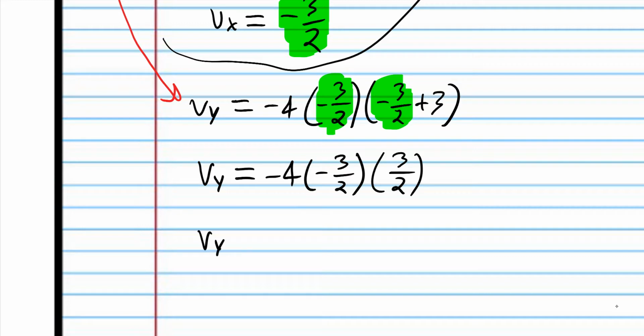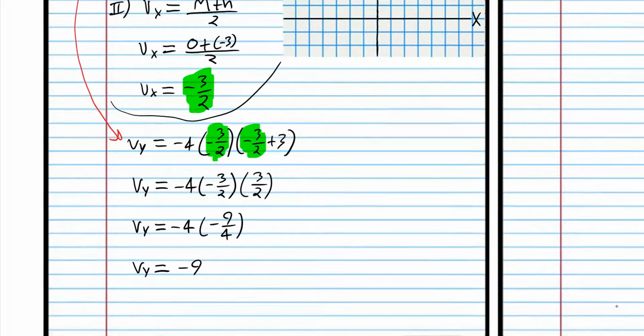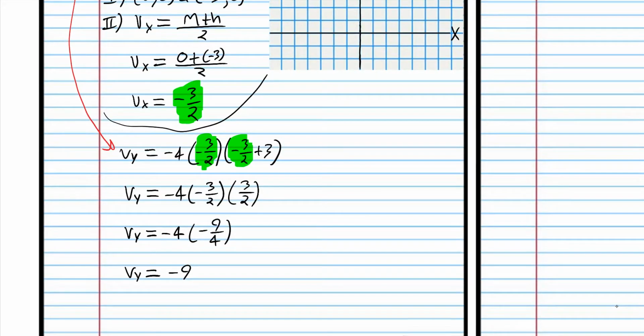And just multiplying those, negative 3/2 times positive 3/2 is negative 9/4. You don't have to show all these steps, but now when you're multiplying these, the 4's just cancel out, and you're left with negative 9. Actually, positive 9. Sorry about that. Positive.